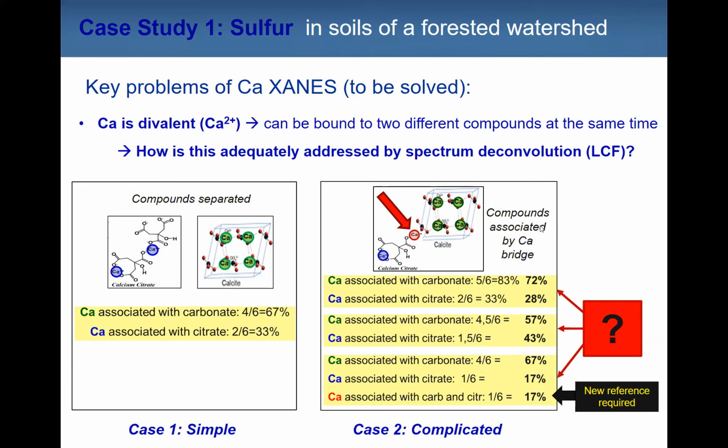So at the moment, I don't really know what is the ideal way to deal with these mixed relationship issues, which are very prominent to occur in soils, I guess.